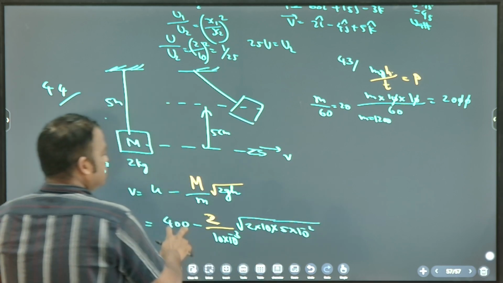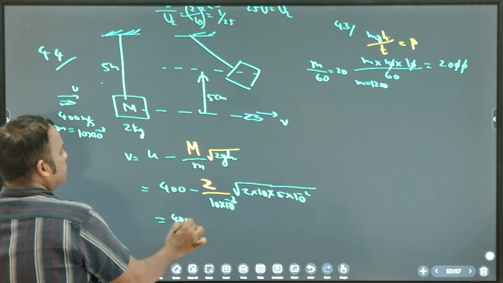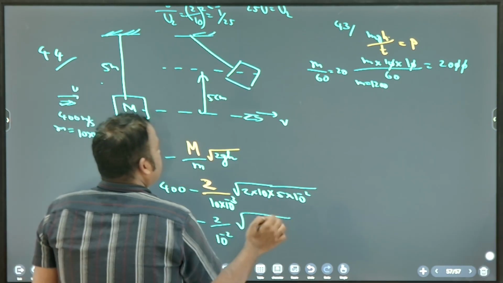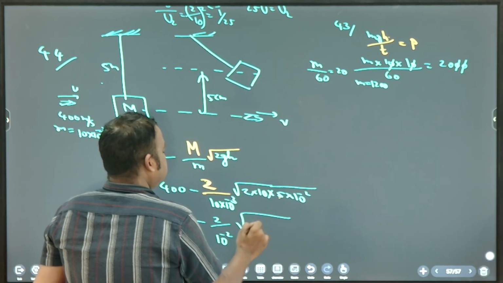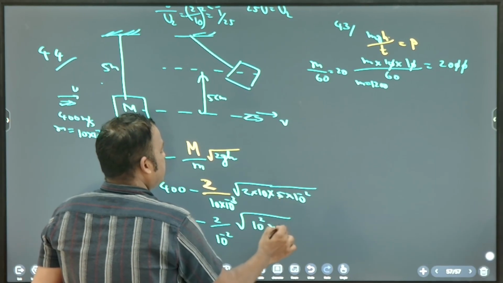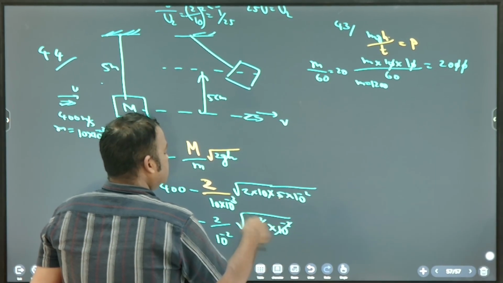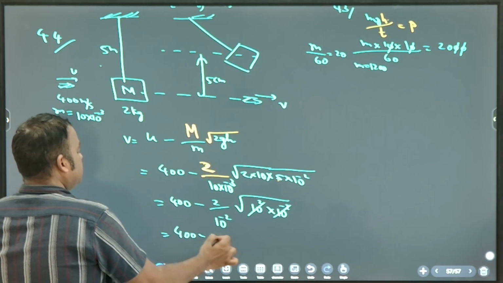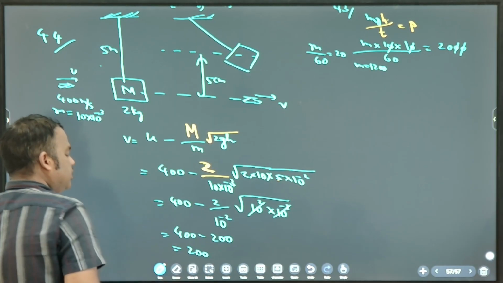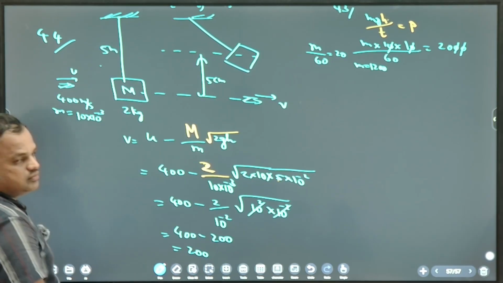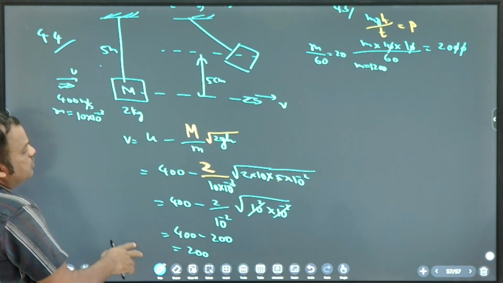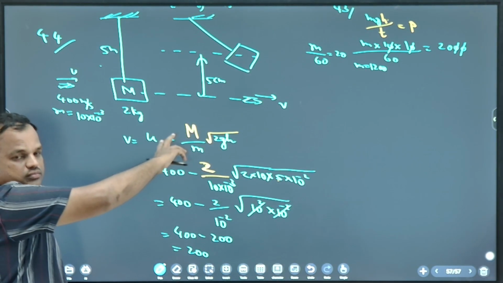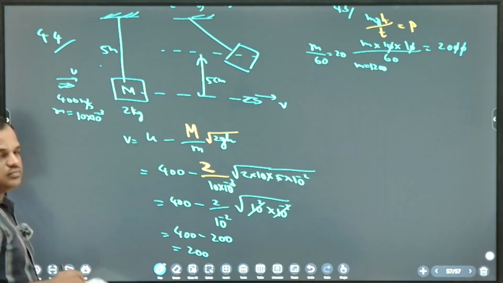So this is 400 minus 2 by 10 power minus 2, 10 power minus 2 cancel. So 400 minus 200, so 200.